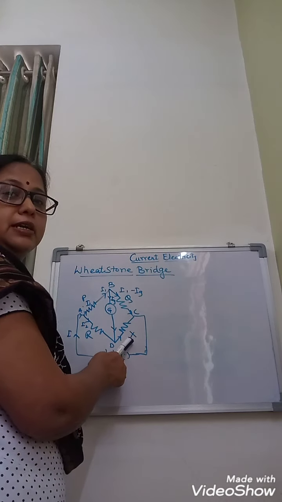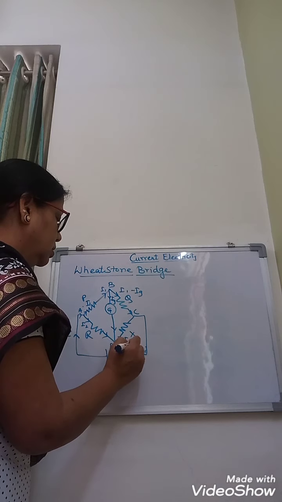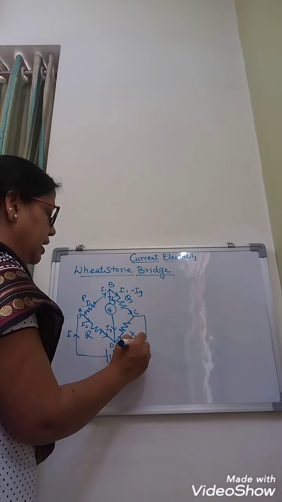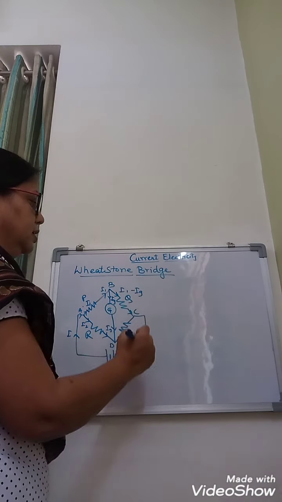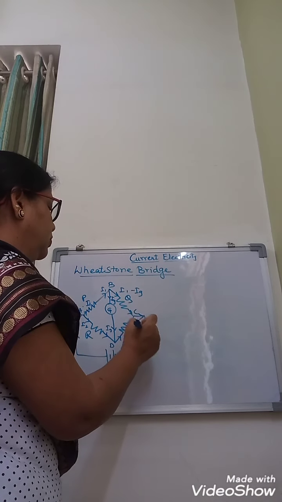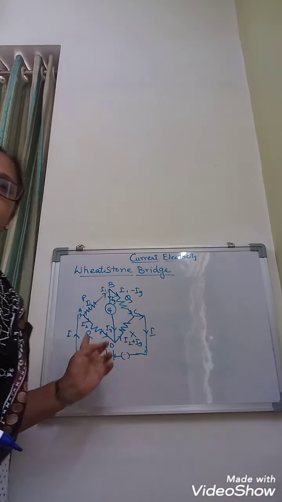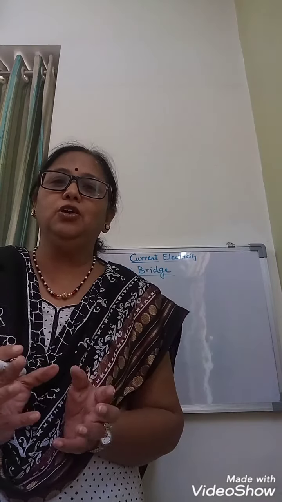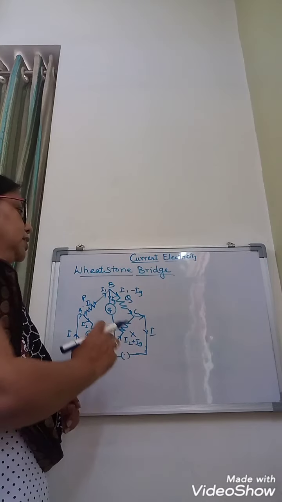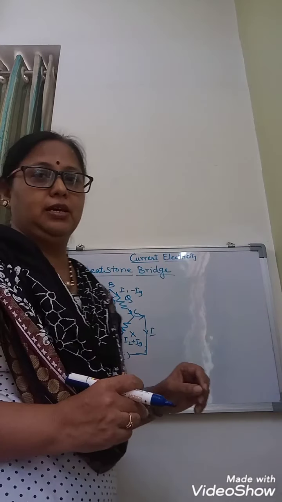That current will be I2, which is coming from here, and this Ig also. So I2 plus Ig. If you add them, we will again get I1 plus I2, which will flow in this, and again that I1 plus I2 is nothing but I. So whenever you get a circuit, you have to show the branching of currents, the distribution of currents in the resistances first. Now let us use Kirchhoff's law to derive the balanced bridge condition.